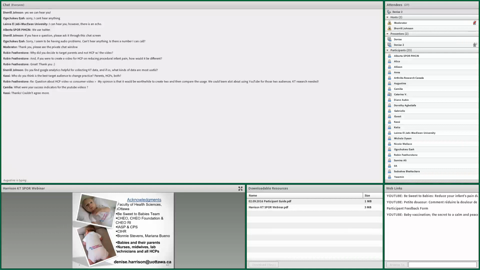And intent to use was way up, 90 to 100%, that people would intend to use breastfeeding, skin-to-skin care, and sucrose for future painful procedures. So that was our success indicator. But as I said, we had such a low response rate that can we really say that this knowledge was something that we could build on?